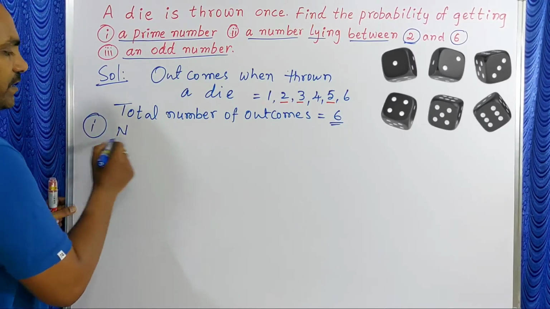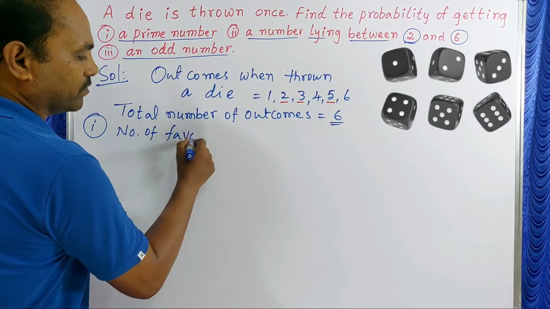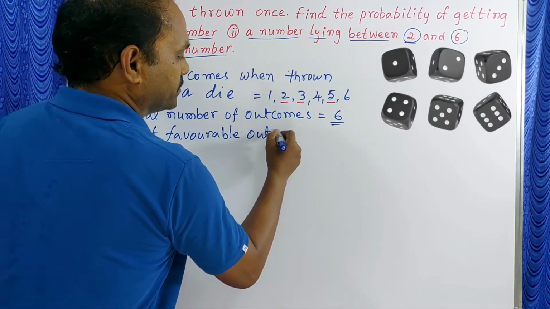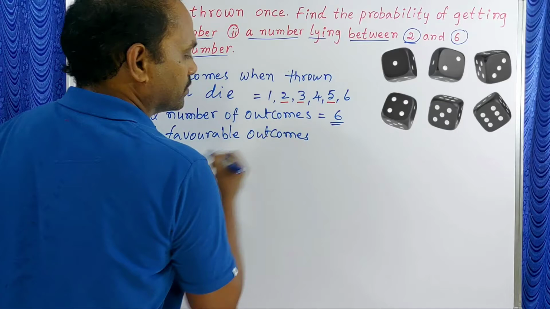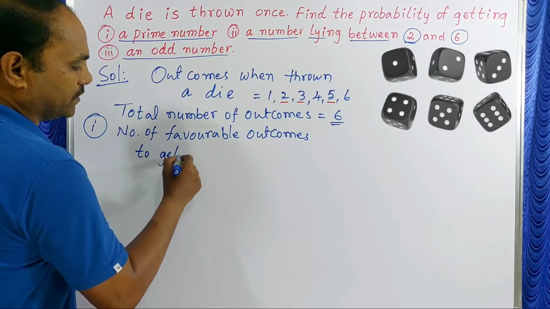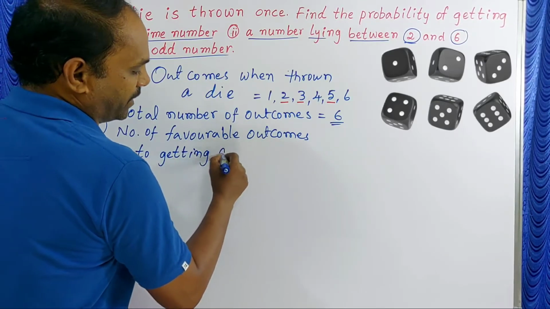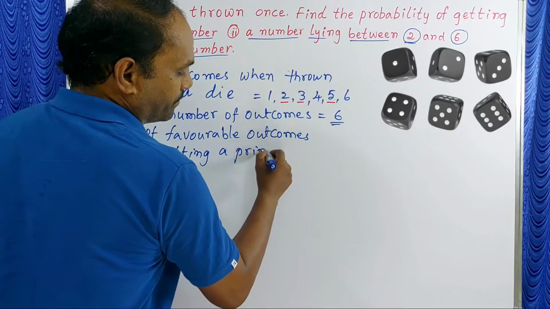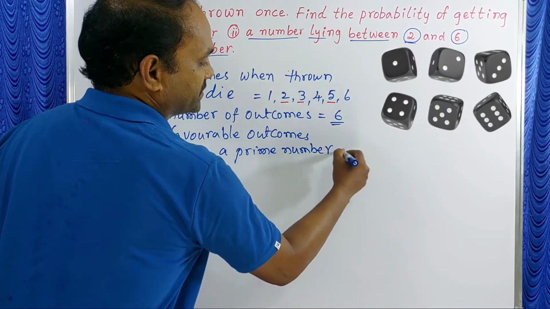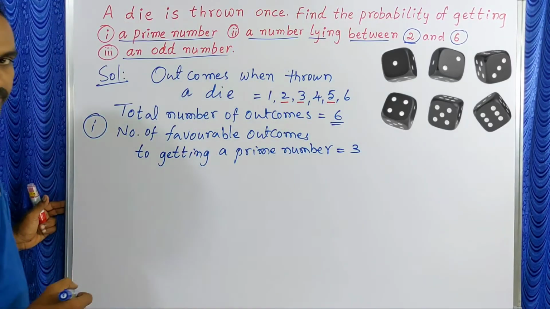Question number 1: number of favorable outcomes to getting a prime number is equal to 3.